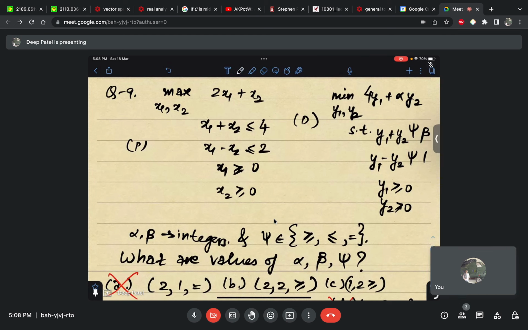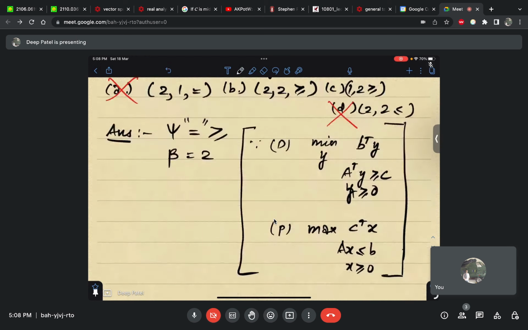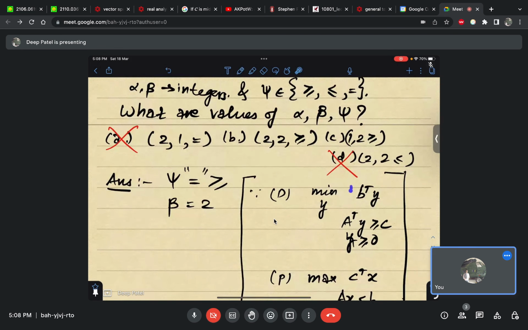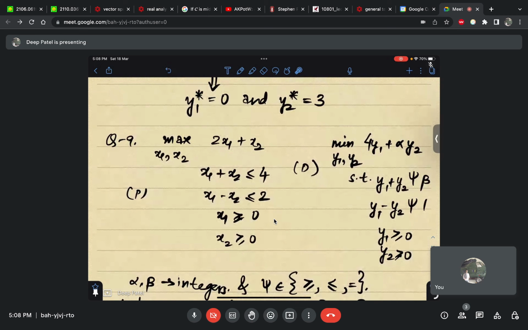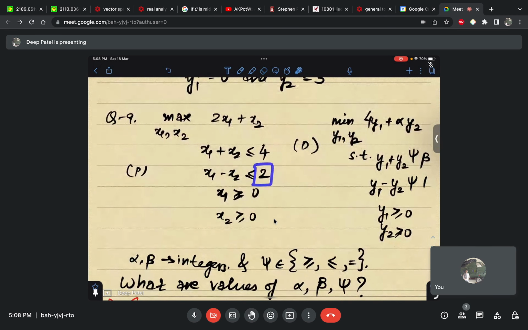Alpha. So remember, what is this here? P transpose y, right? So alpha also has to be 2, right? Yeah, it has to be two.